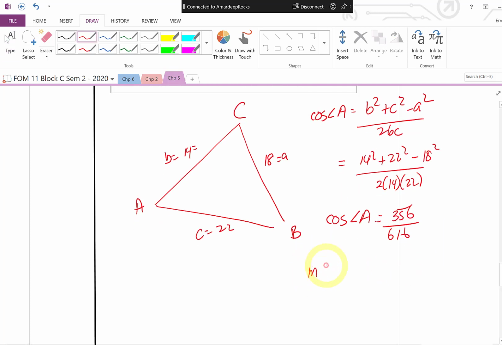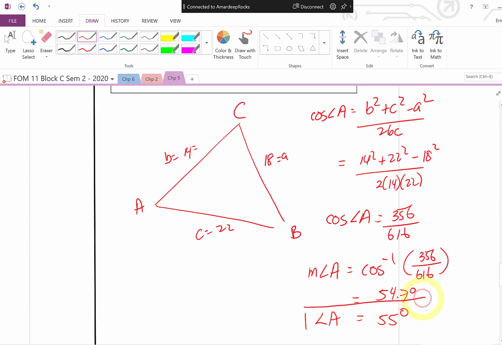Every time we're talking about measure, you got to do the inverse. So cosine inverse of 356 over 616 works out to roughly 54.7 degrees. And if you wanted to, you can round off to the nearest whole angle. So 55 degrees.